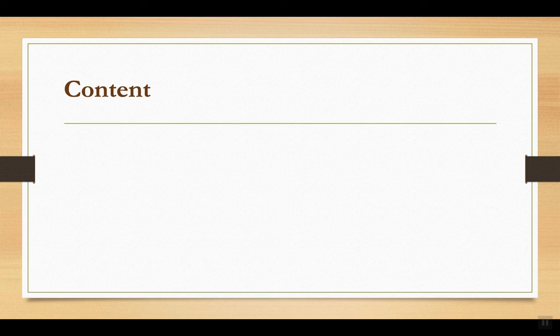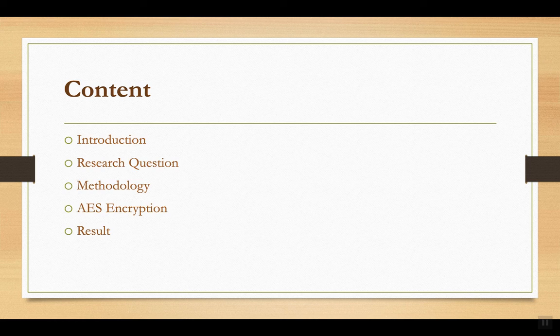In the following slides, we are going to talk about introduction, what is steganography, and some basic terms will be defined related to steganography. Next is research question. As the name suggests, what is the main problem or situation this whole research is based upon?